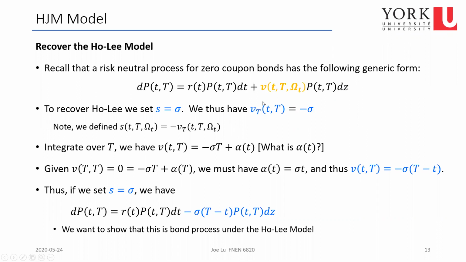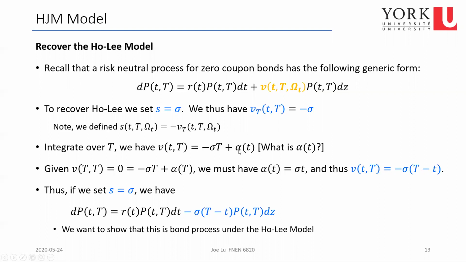Obviously, we're going to integrate. So let's integrate over big T. If we integrate over big T, we have that V function is minus sigma T plus this alpha term, which is a constant term here.